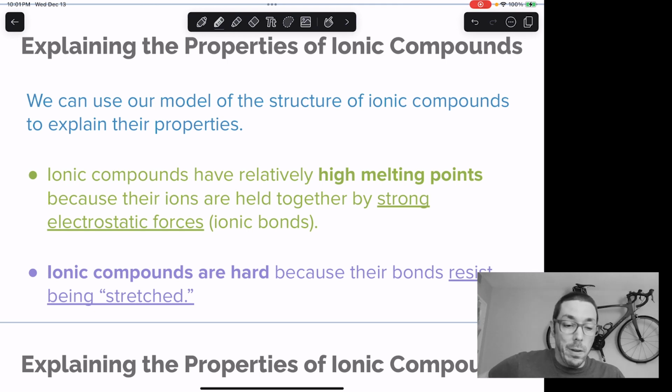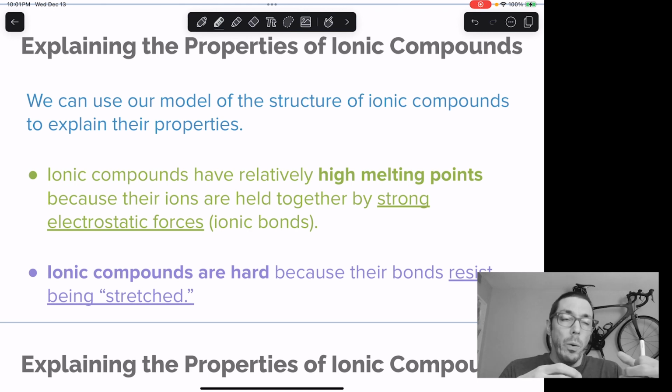That's just the attraction of a positive ion to a negative ion, and that goes on for many of those repeating units. So the attraction between the positive and the negative is quite strong, each individual ionic bond.